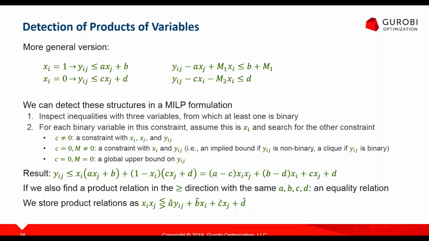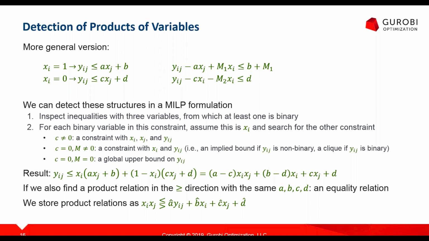In Gurobi, we actually detect a little bit more general version of products. Namely, we want to detect such pairs of implications, namely that if a binary variable xi is equal to 1, then this implies that a non-binary variable yij is smaller or equal to some a times xj plus b.